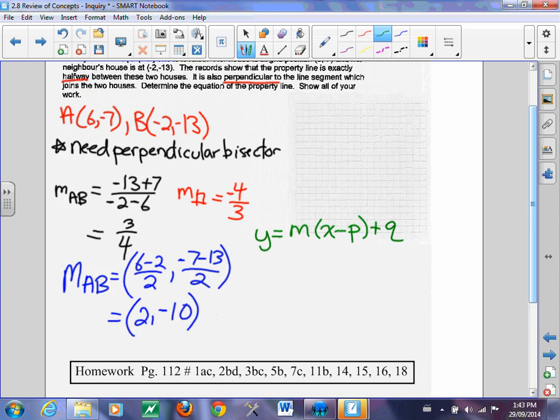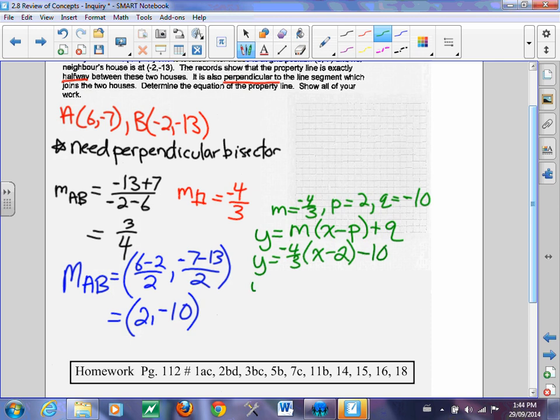And what do we know? We know the slope that I'm subbing in is the negative reciprocal, which is negative 4/3. I know that my P equals 2 and my Q equals negative 10. So let's sub that all in. So it's going to be y equals negative 4/3 times x minus 2, and then subtract 10.